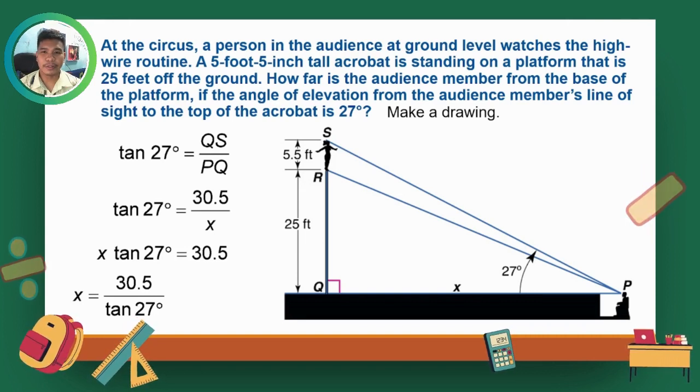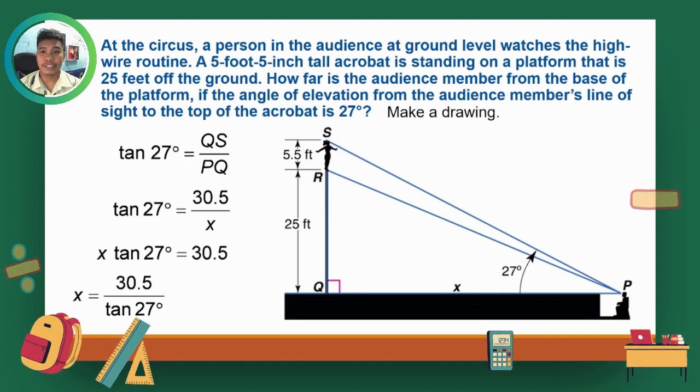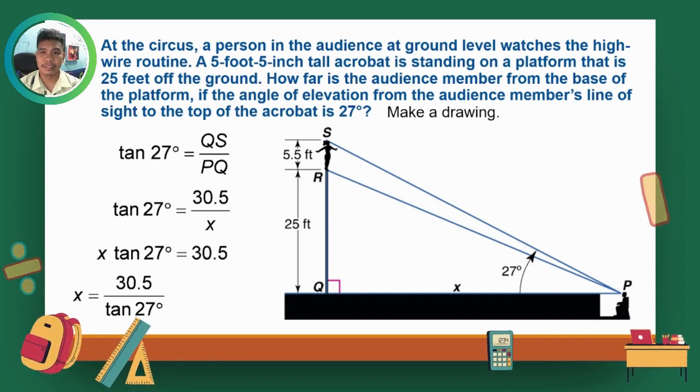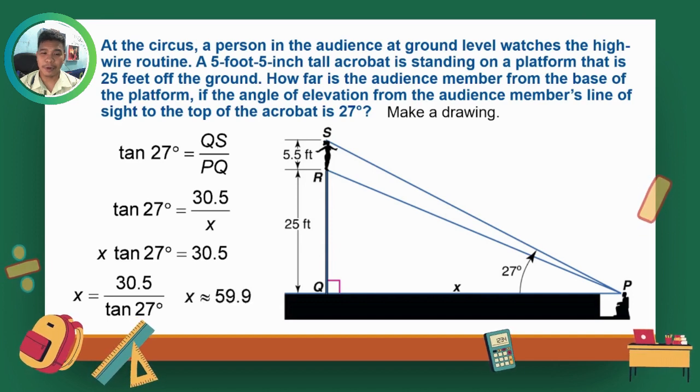X is equal to 30.5 over tangent 27 degrees. Using our scientific calculators, that is equal to approximately 59.9. X is approximately 59.9, or that is how far P is from Q.